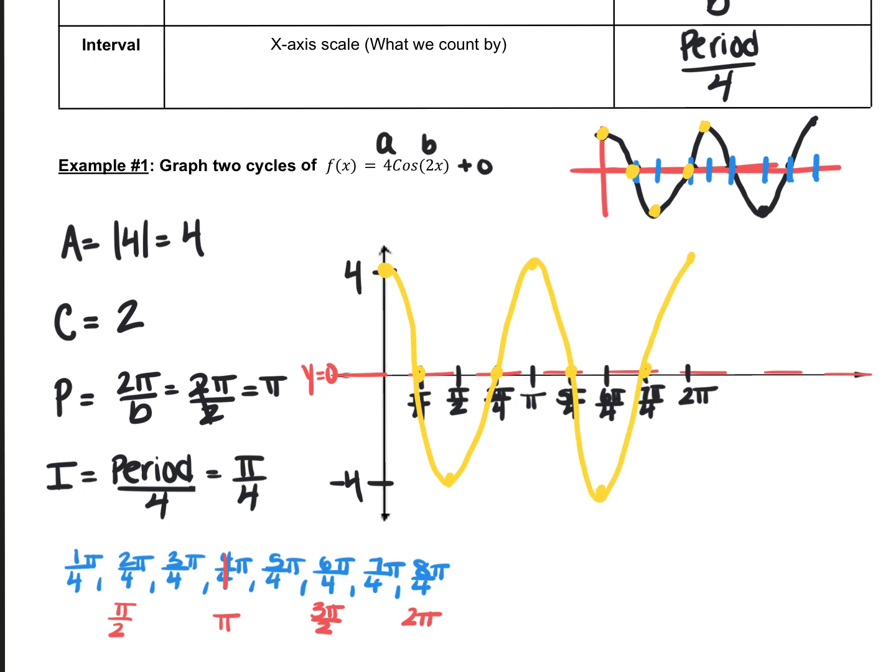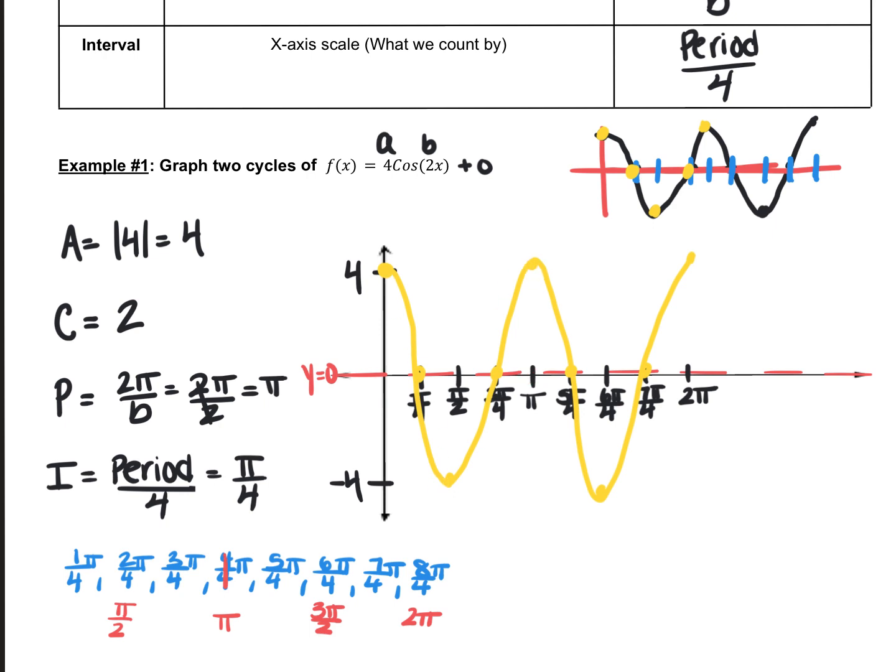Now you can always check your definitions to make sure what you did works. Cycles is how many rotations you'll see between 0 and 2 pi. So since I have 2 cycles, I should see 2 full rotations between 0 and 2 pi. I do. Period of pi means I should see 1 cycle from 0 to pi, which I do. So all the definitions check out.